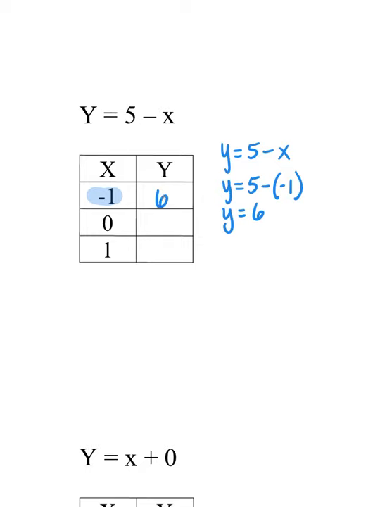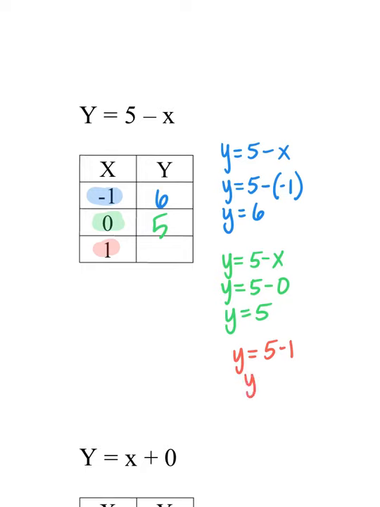So for the next one, 0: y equals 5 minus x, y equals 5 minus 0, y equals 5. And then 1: y equals 5 minus 1, y equals 4.